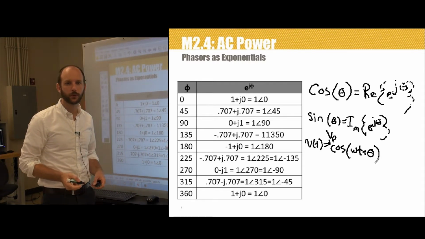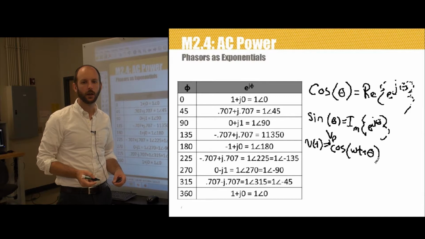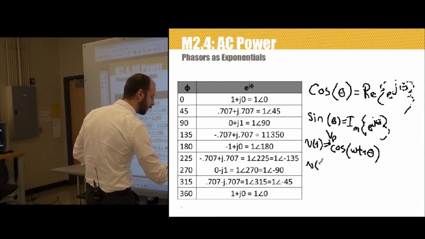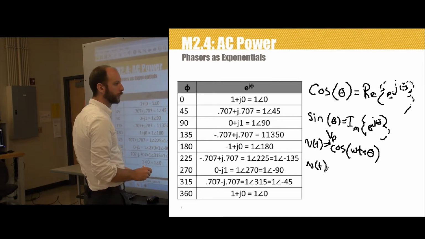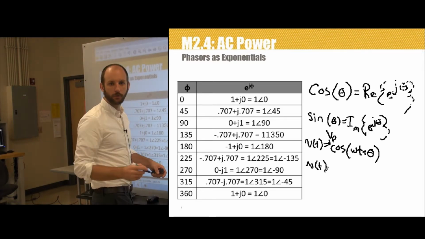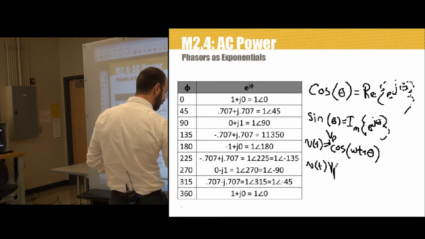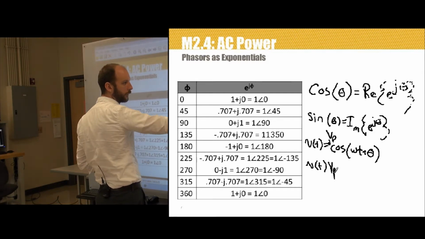So we can make a substitution, right? We're going to plug in v of t equals Vp, the real part of e to the j theta.